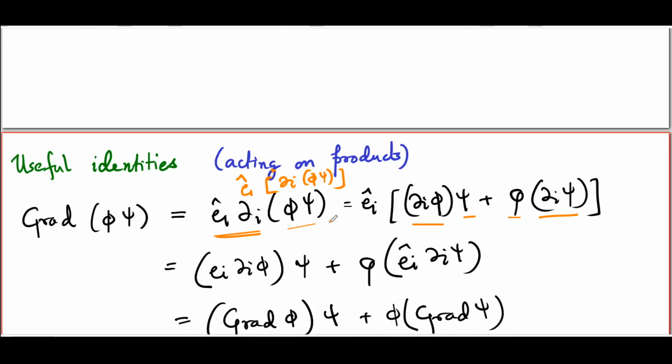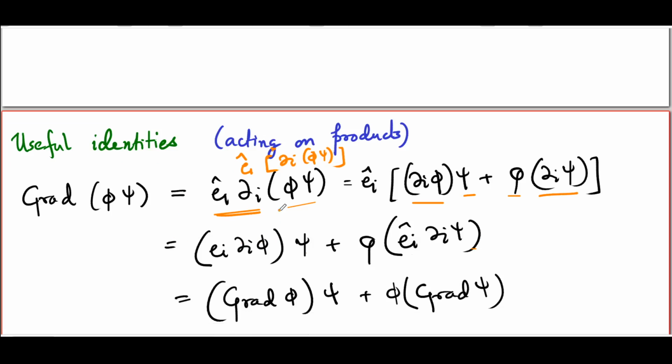So this breaks up into two pieces, e_i del_i phi times psi plus phi times e_i del_i psi. Now e_i del_i phi, that's nothing but grad phi, and e_i del_i psi is nothing but grad psi. So you get grad phi times psi plus phi times grad psi.